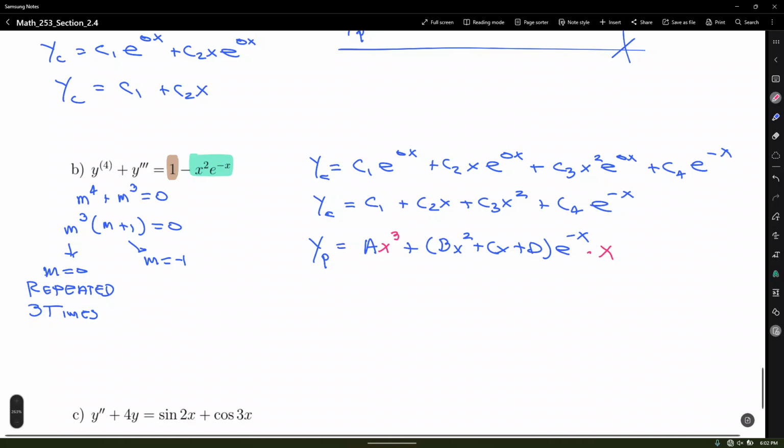Okay, guys, so the point of this exercise is that notice how we have on the one hand a constant, and here we have a quadratic times exponential. In this case, two different kinds of functions.